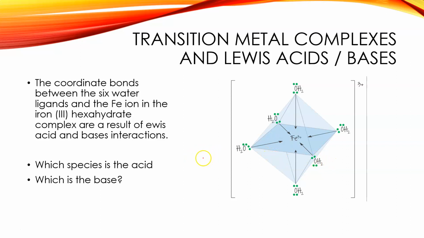If we think that Lewis acids are the electron pair acceptor, we can see that our metal ion is the Lewis acid. And the water ligands, the ligands are taking on the role of the Lewis base. They are the ones forming that dative coordinate bond in the complex.